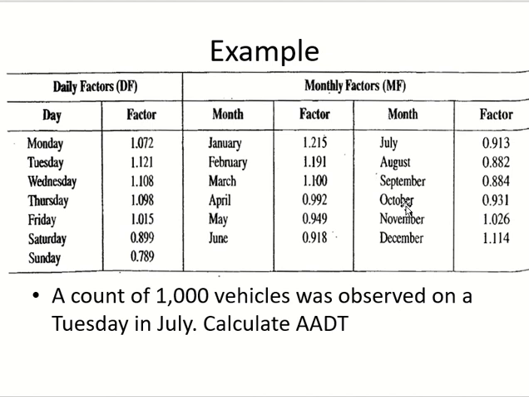The table shows you adjustment factors for a control count location. There was a control count location, I found the AADT, and I calculated the adjustment factors like we have done before. In the same network, on the same type of highway, I had a coverage count, for which the data is given in the last sentence.